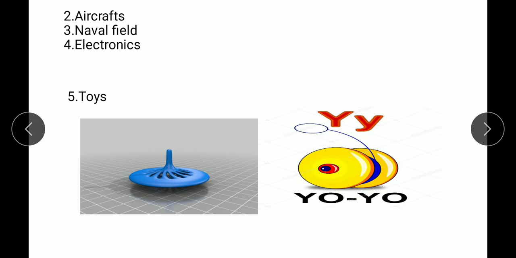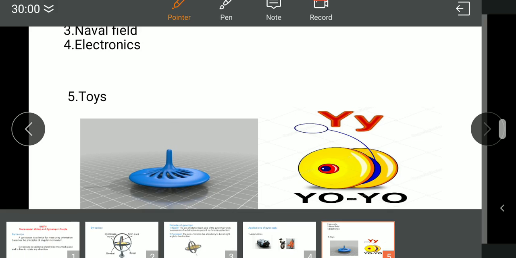The remaining, for example, kids playing with toys. Some of the toys, like this one, at the top position we have to rotate.